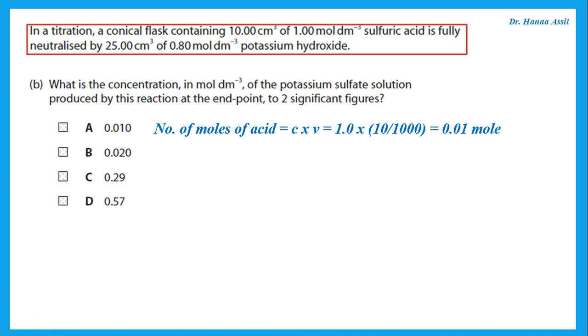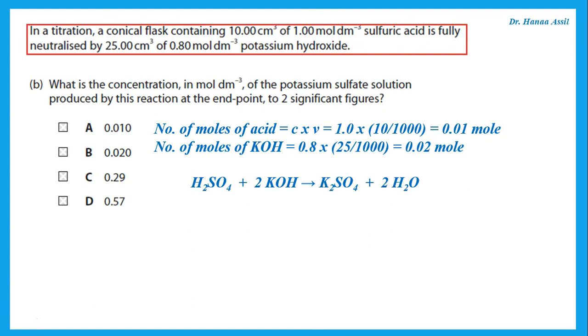What about the base? The number of moles of the potassium hydroxide was 0.8 times 25 over 1,000. That's 0.02 mole. Now we look at the relationship in the equation. If we have information about both reactants, we need to determine which one is excess and which one is limiting, because we're not going to use the one that's excess, we're going to use the one that is limiting.